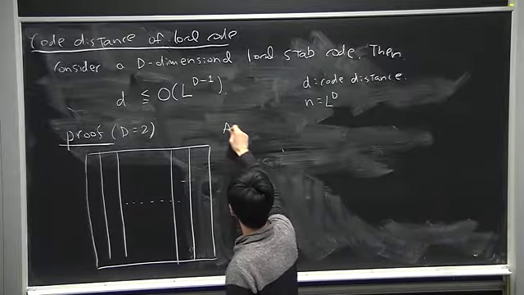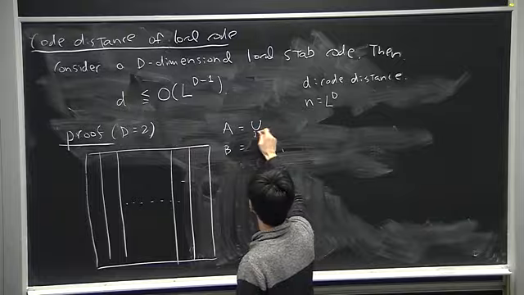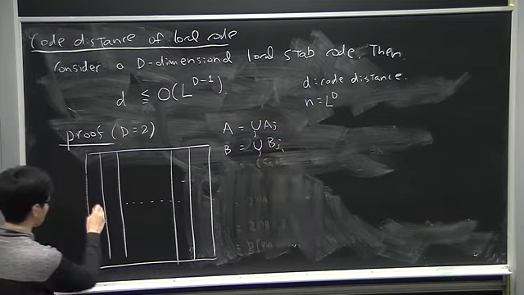We are going to choose A and B to be some union of smaller regions, A_j and B_j, in the following way.